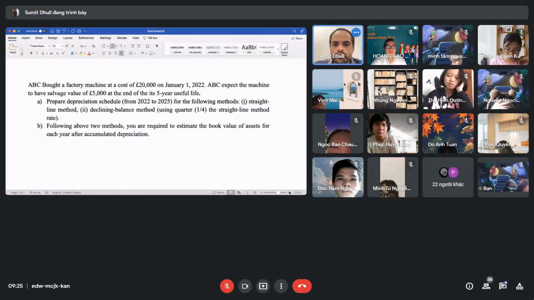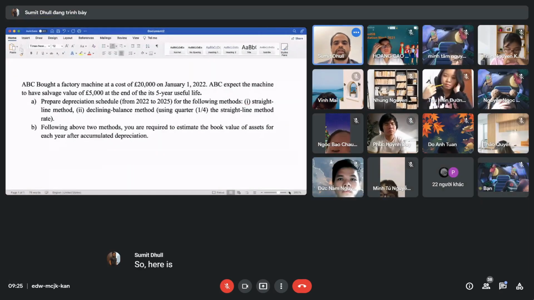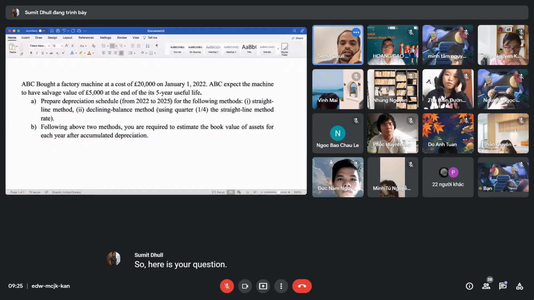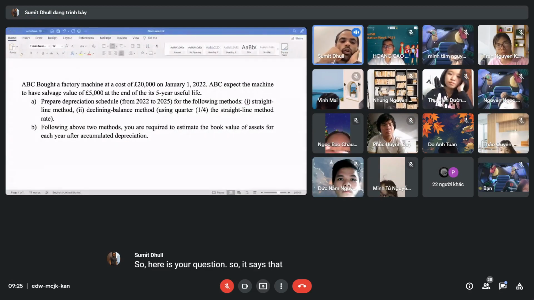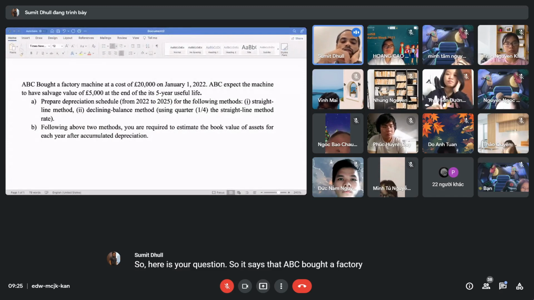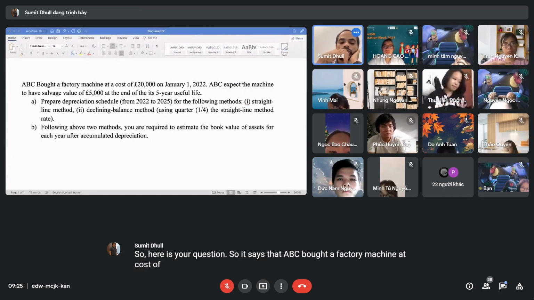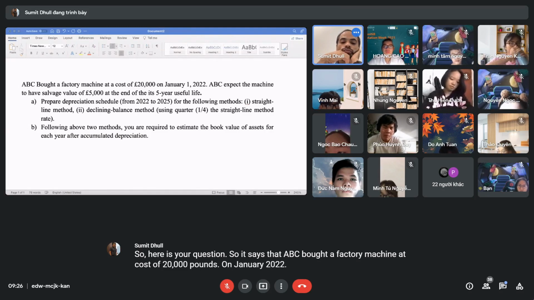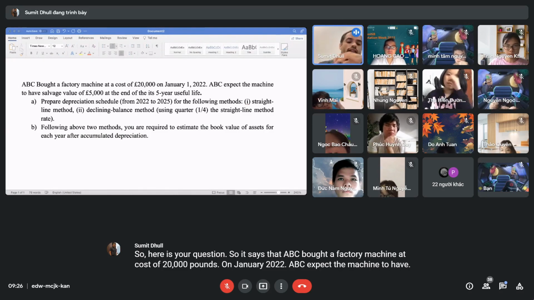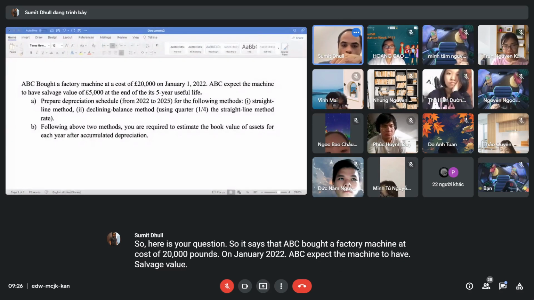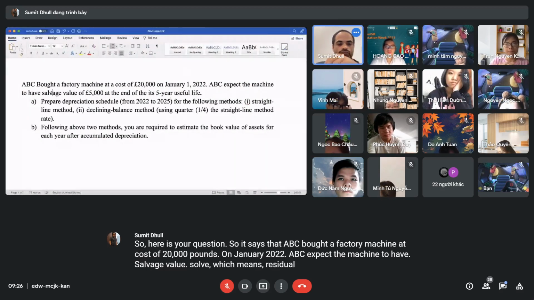So here is your question. It says that ABC bought a factory machine at a cost of £20,000 in January 2022. ABC expects the machine to have a salvage value.